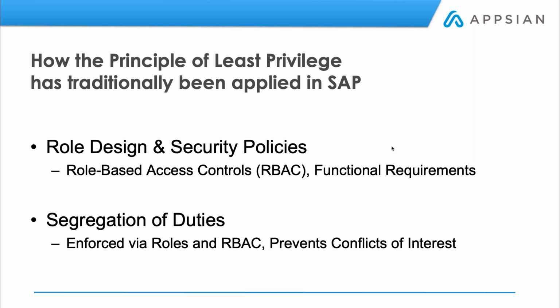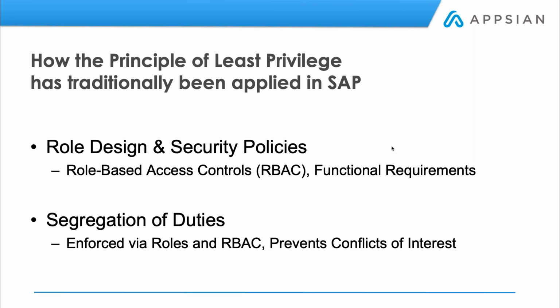So it's difficult, when you start layering a lot of these roles, to really enforce least privilege. And that's one of the drivers of segregation of duties, because it's enforced via roles in that role-based access control. What it's hoping to do, and I say hoping because it's sometimes very difficult to control this, is prevent conflicts of interest as well, which can change over time inside of an organization as somebody's roles and job change.